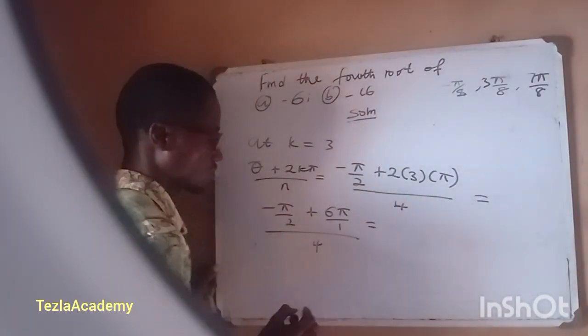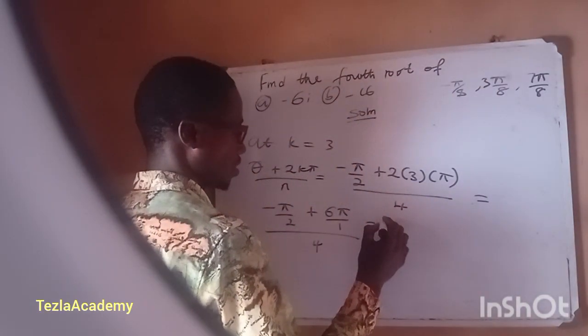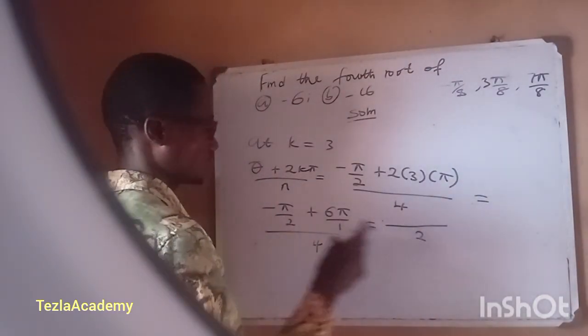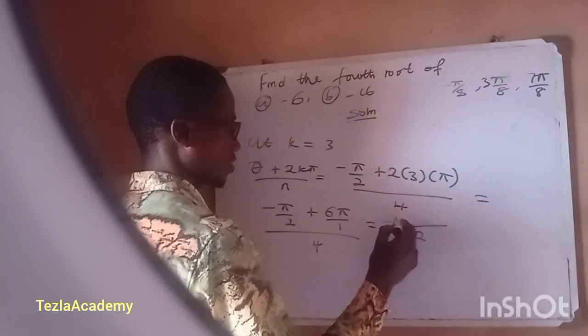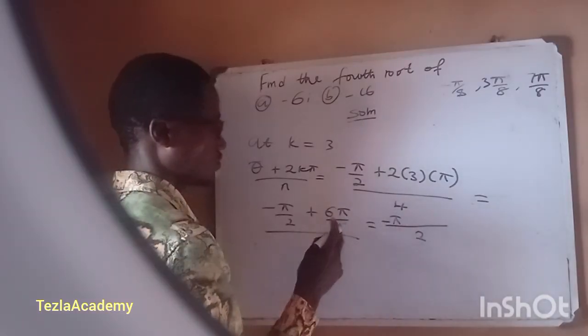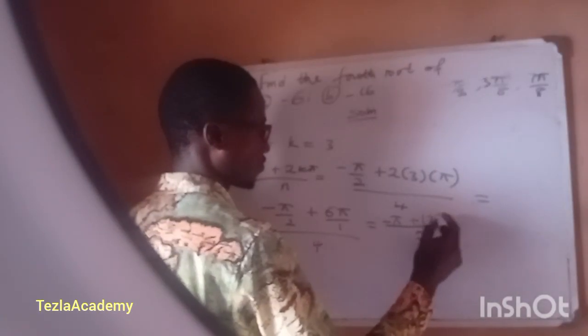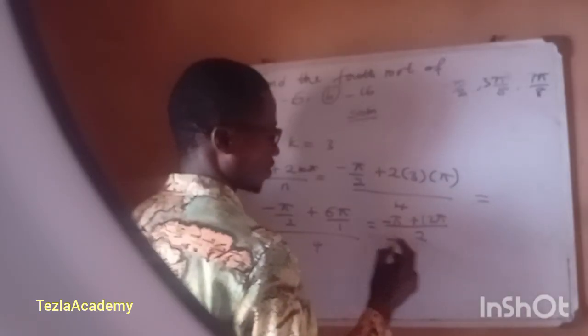And this equals, LCM is 2, 2 divided by 2 is 1, 1 times minus pi is minus pi. 1 divided by 2 is 2, 2 times 6 pi is 12 pi, all over 4.